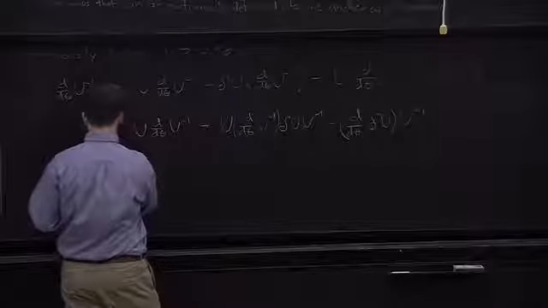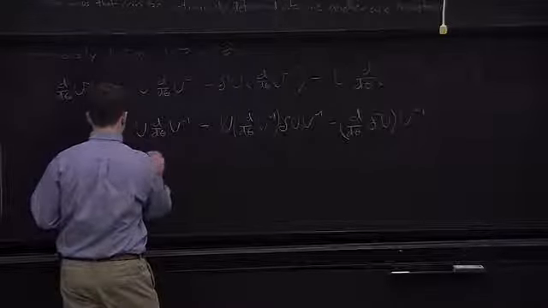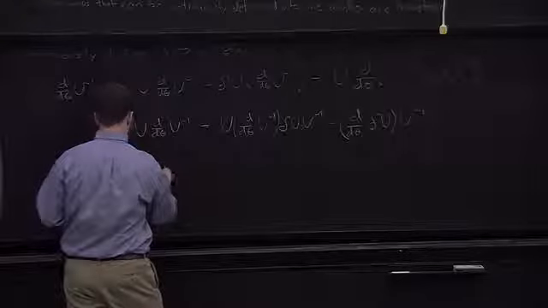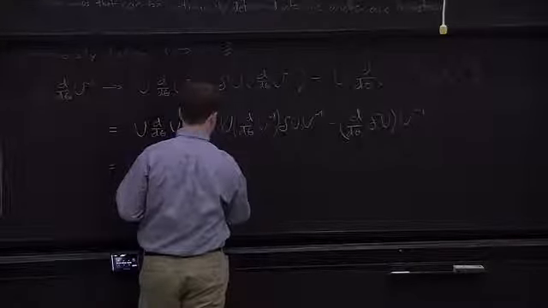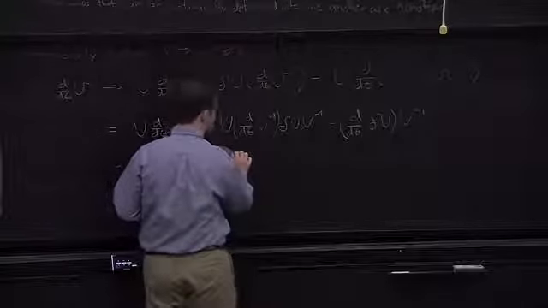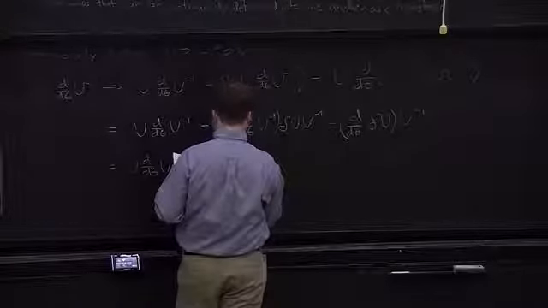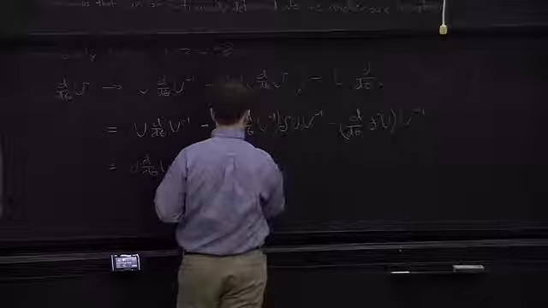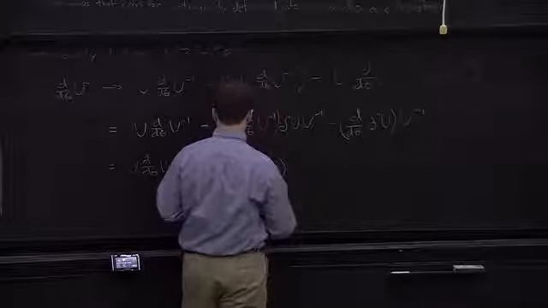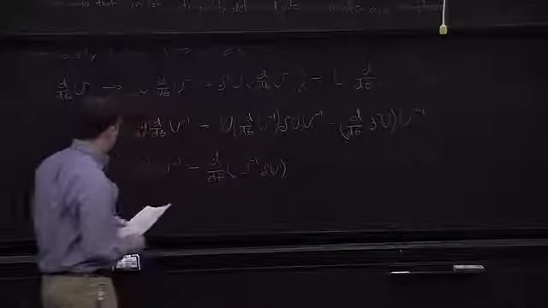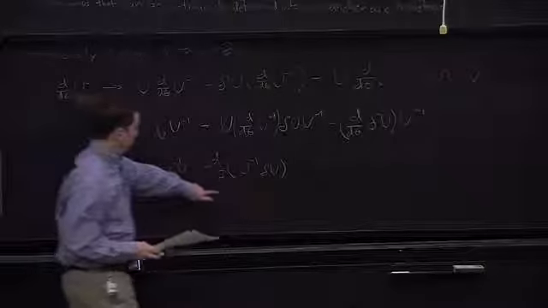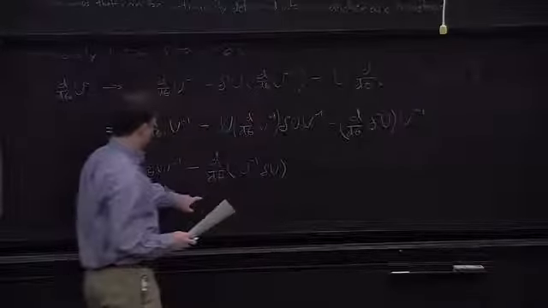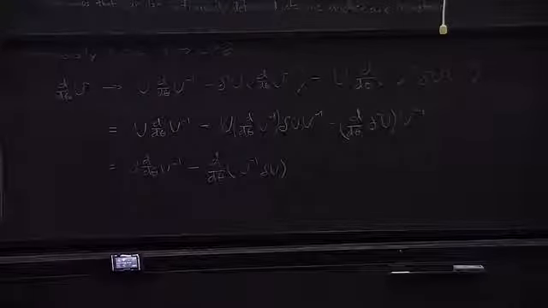We're just left with U d theta U inverse minus, let's write these two terms as d theta of U inverse delta U. So we have what we started with plus a term that's a total derivative that will vanish upon integration.